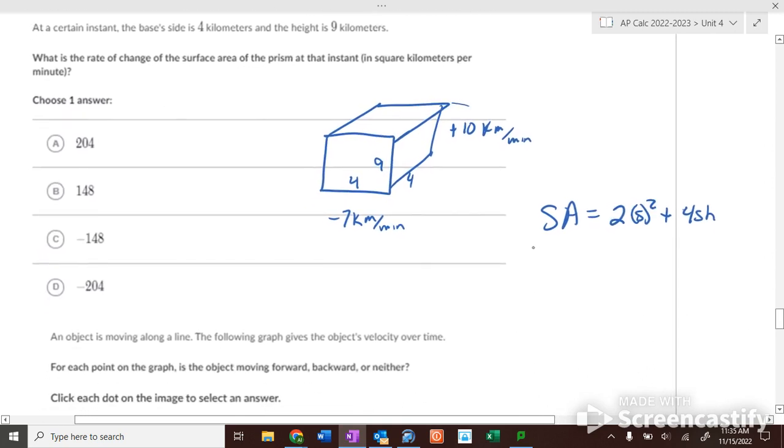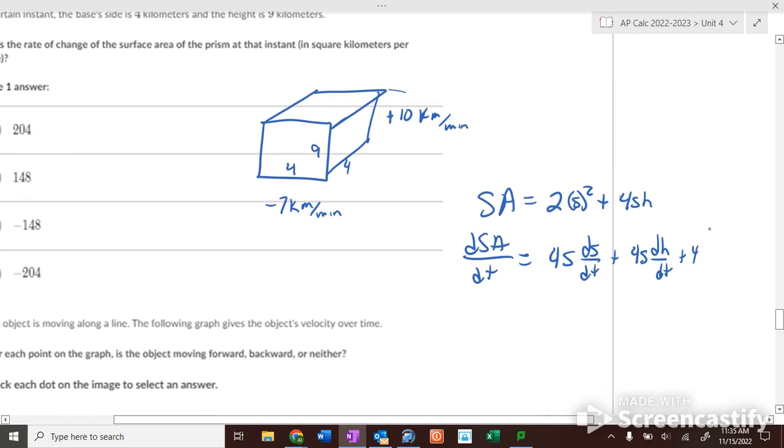The rate of change of the surface area would be dSA over dt equals 4s ds dt plus 4s dh dt plus 4h ds dt. There we go. ds dt.